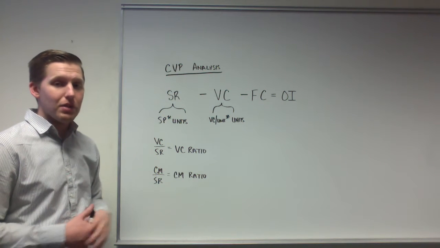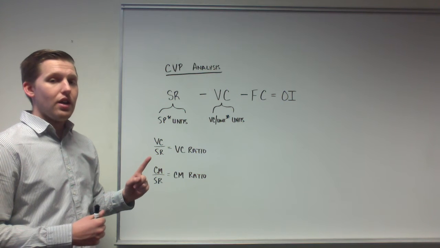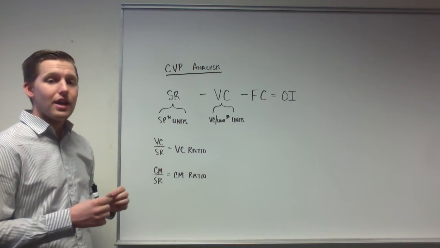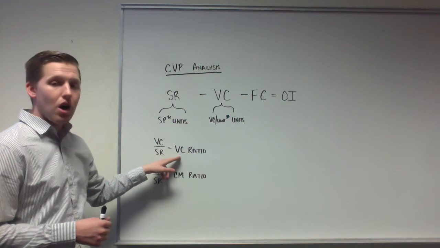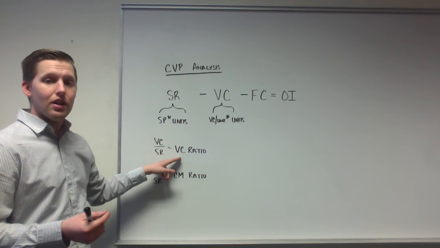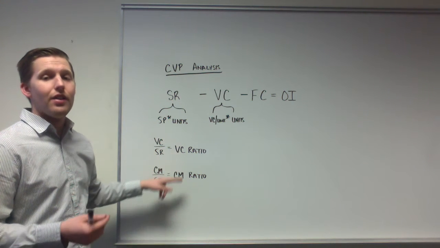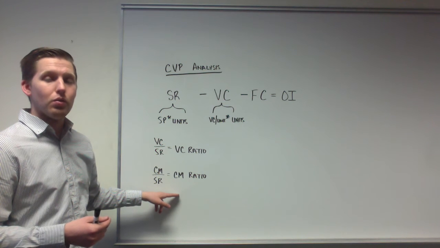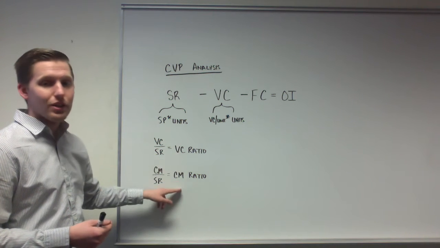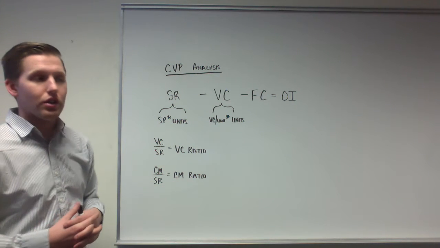Again, using that same example, if I get $1 and this ratio is 20%, then I'm using 20 cents to pay for my variable costs, and I'm left with 80 cents to pay for fixed costs. That 80 cents that I'm left with, that's the contribution margin. So if this is 20%, this will be 80%. The two ratios are going to add up to 100.